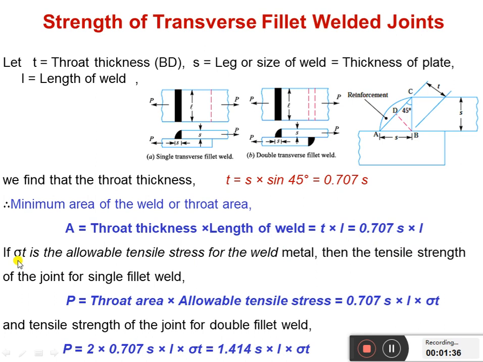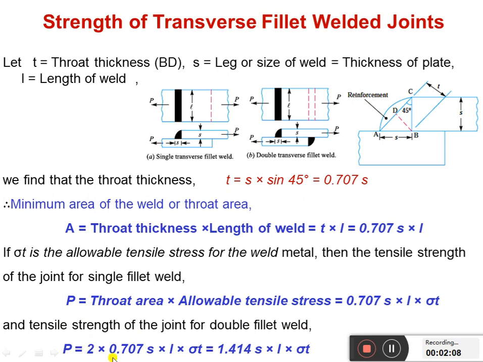And if sigma T is the allowable tensile stress for the weld metal, then the tensile strength of the joint for a single fillet weld P is equal to throat area into allowable tensile stress. The throat area we already found, that is 0.707 S into L, into allowable tensile stress sigma T. The tensile strength of the joint for a double fillet weld: this is single fillet weld, the double fillet weld we are multiplying by 2.